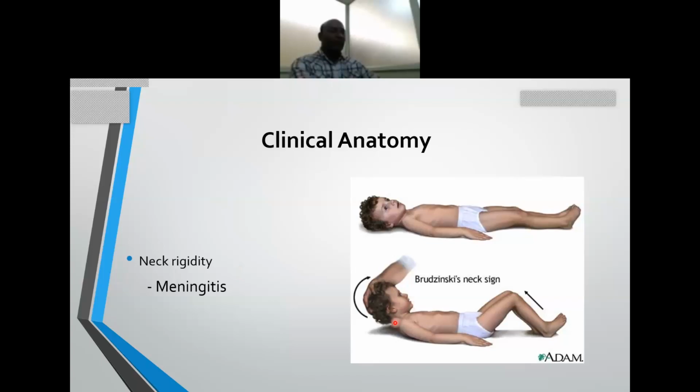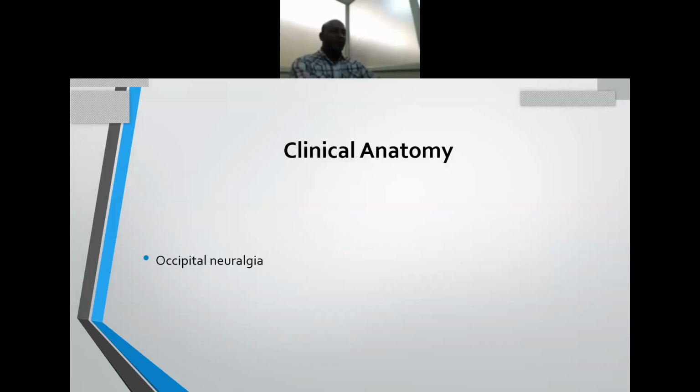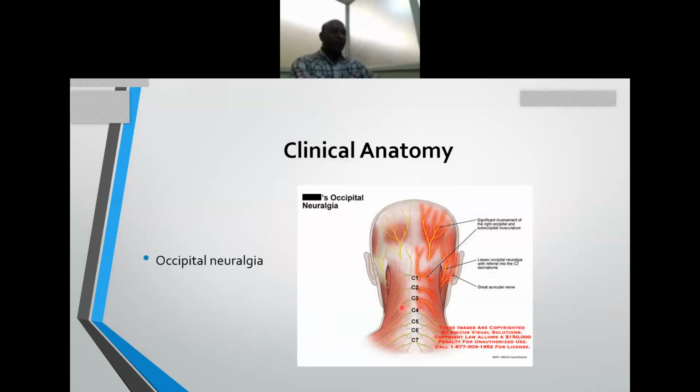These neck muscles become rigid or spasmodic when there is inflammation of the meninges. If there is inflammation of the meninges, which is called meningitis, then you may experience neck rigidity that is commonly seen in meningitis. Then you can also experience pain in the back of the skull because of occipital neuralgia.